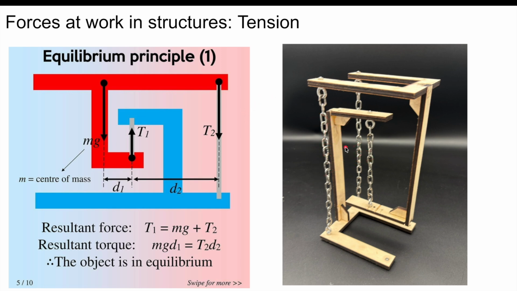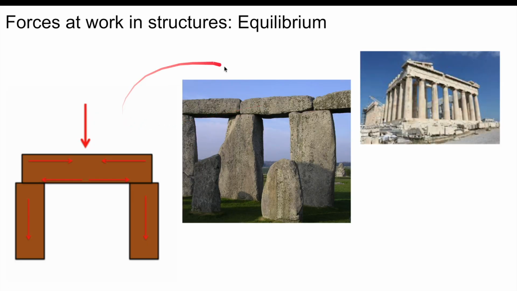And when forces are balanced, you don't get any movement. This is another example of equilibrium. You can think of this with lintels. And so you'll have your compressional forces and your tensional forces, but they're counteracted, and so nothing is moving. And Stonehenge is a famous example of that. And then also something like the Parthenon in Greece.